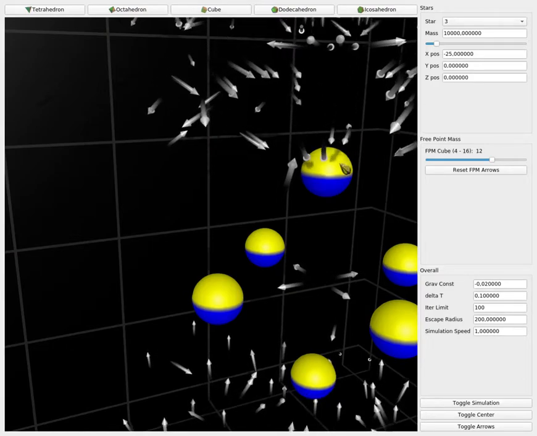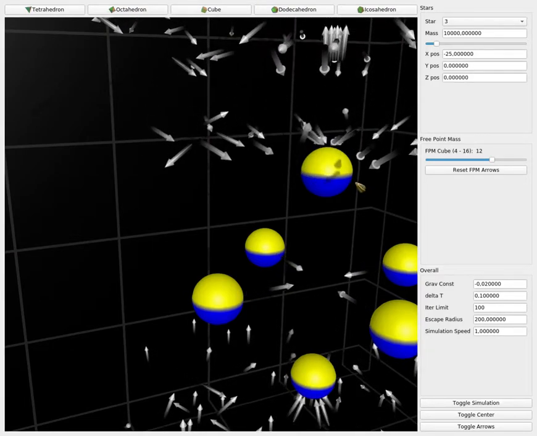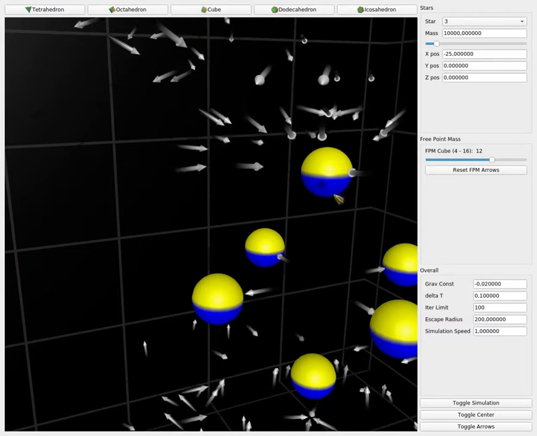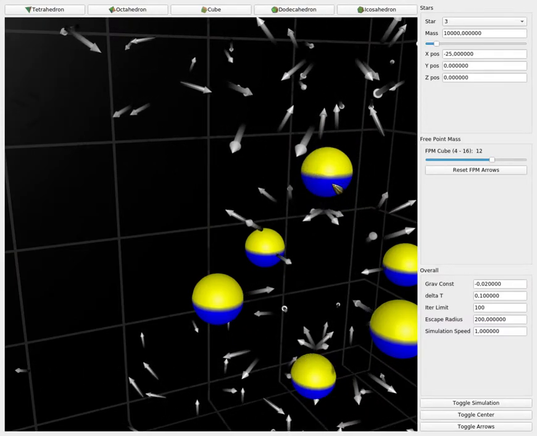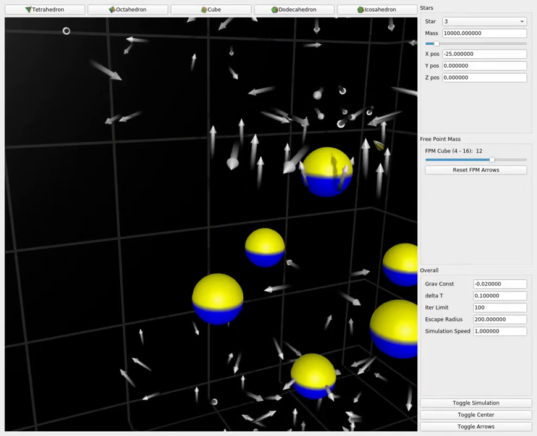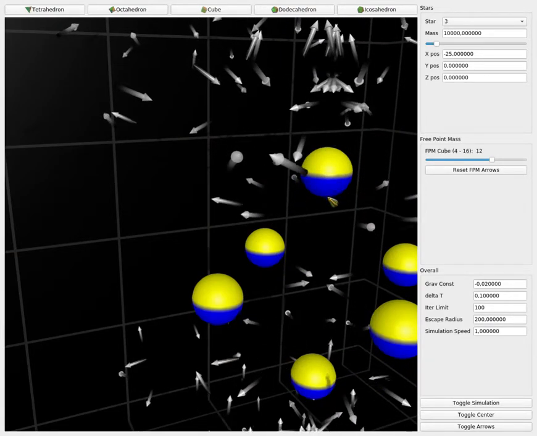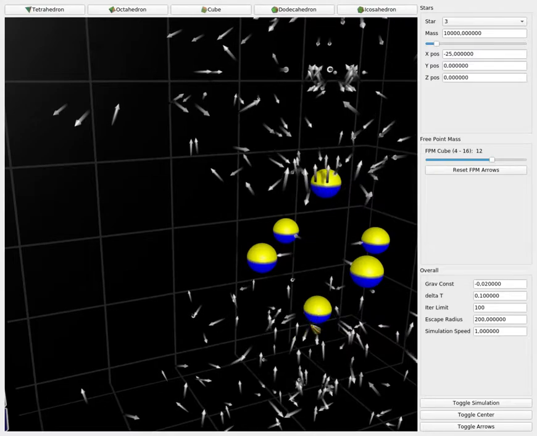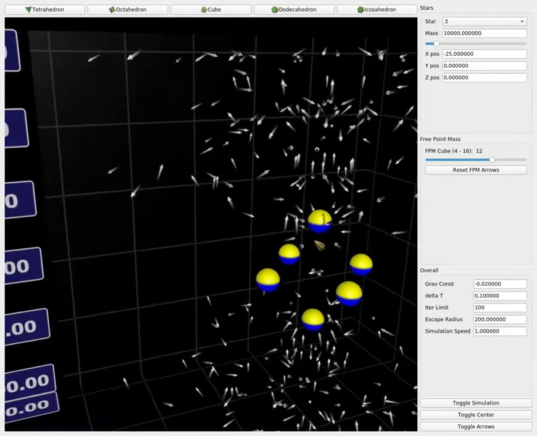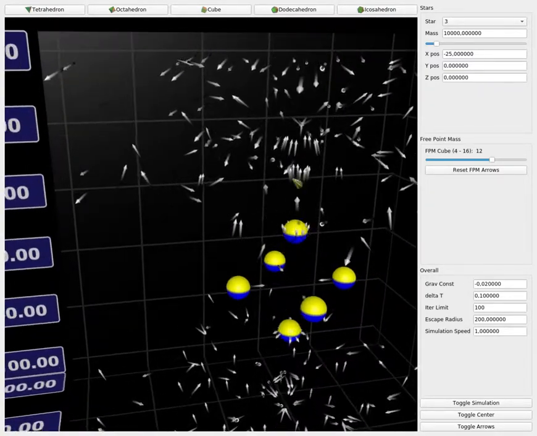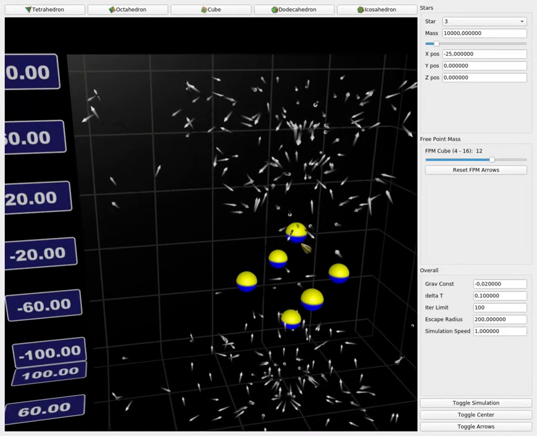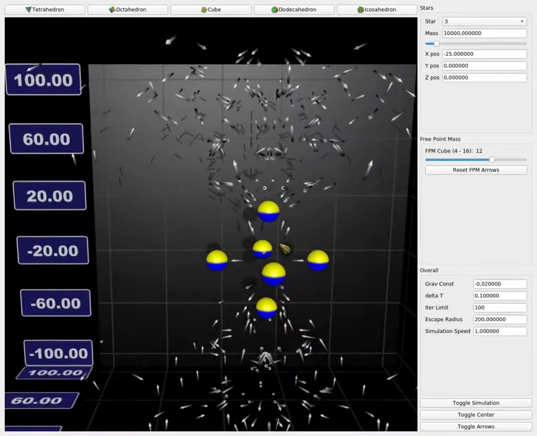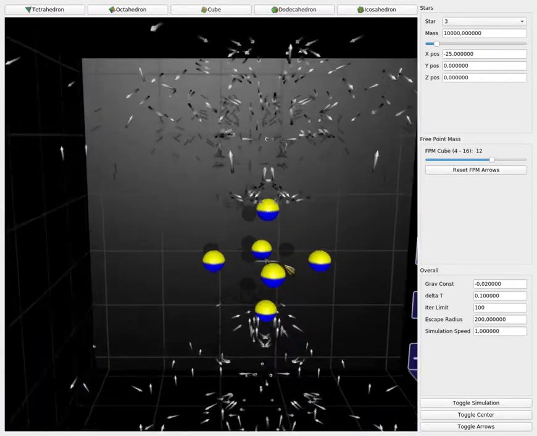And up here, you have arrows that seem to be swimming around. Oh, you can see some that are being ejected from the system at high speed. And others that are just swimming around the top and bottom stars. It's kind of like watching fish swim around a fish tank.